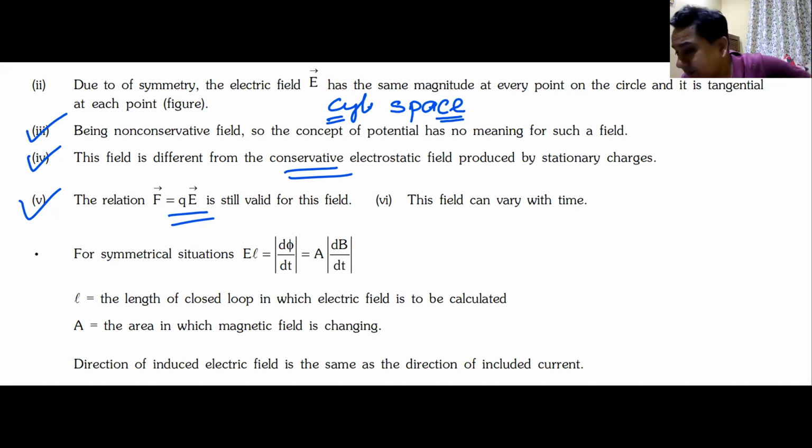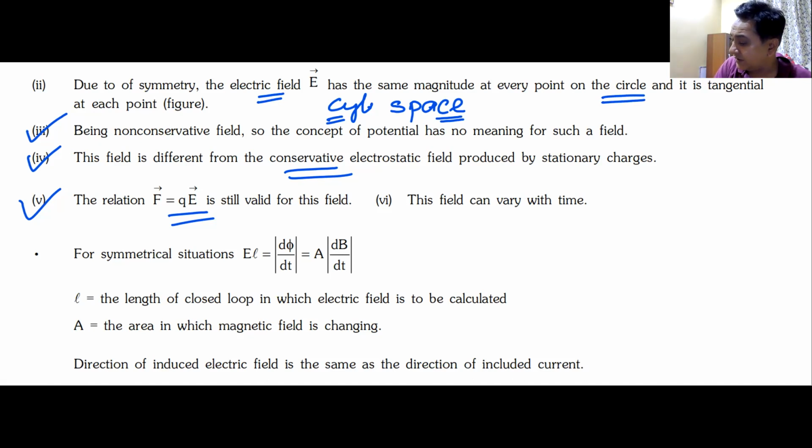In that case, the electric field which is induced will be moving in circles. Electric field will be moving in circles which are concentric with the cylindrical space. Do we understand this? Yes, sir.